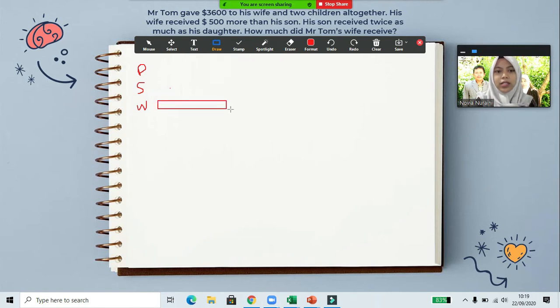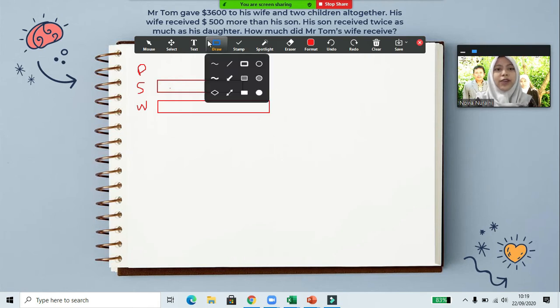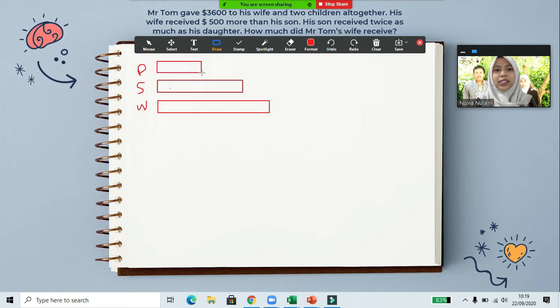So this one is what his wife receives, and his son gets 500 less than his wife. His son received twice as much as his daughter, so we know that the daughter gets half of the son, right? So it's about this half, and we will mark it so we can see that this is a half.